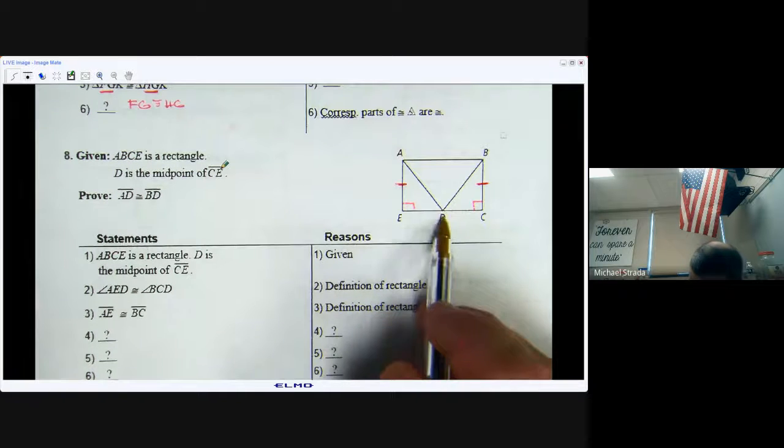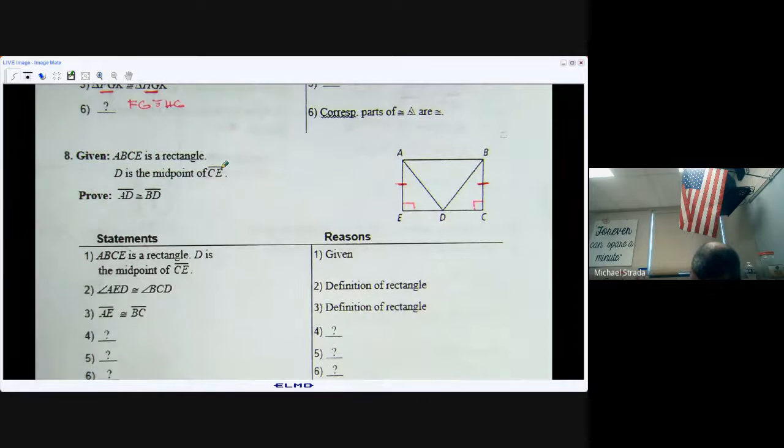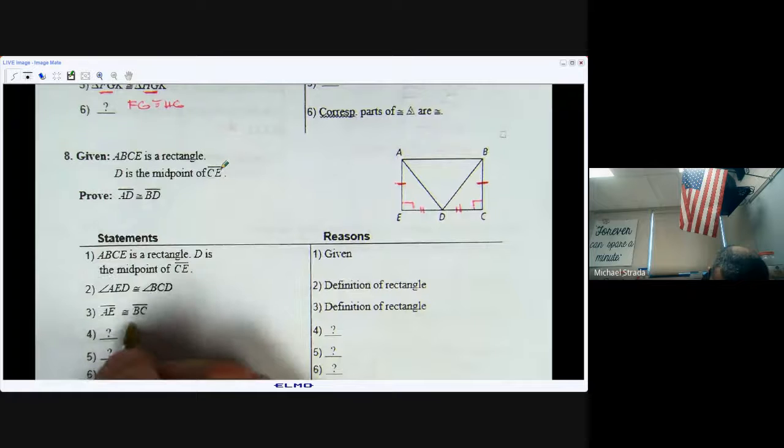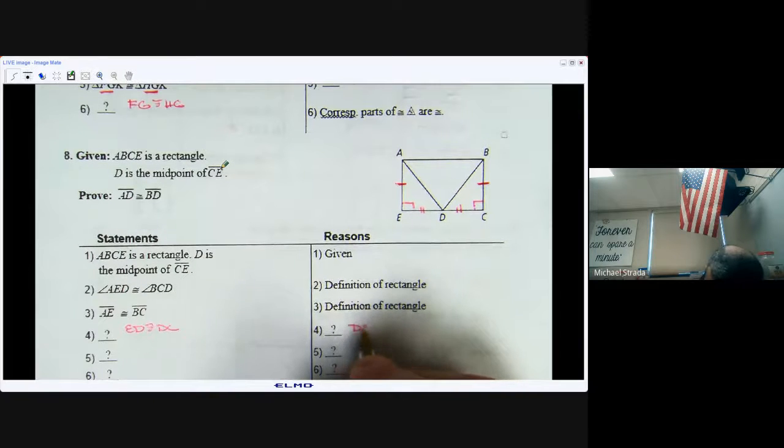The fact that D is the midpoint of CE tells us what 2 segments are congruent. ED and DC. Definition of midpoint.